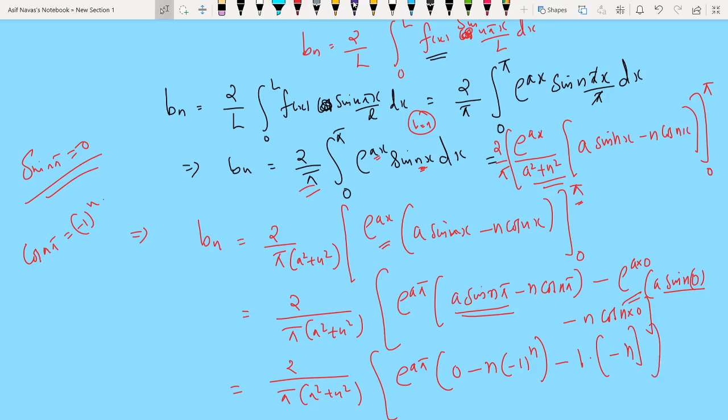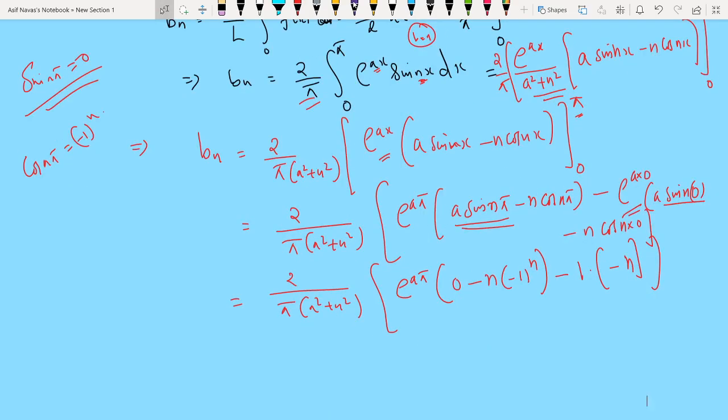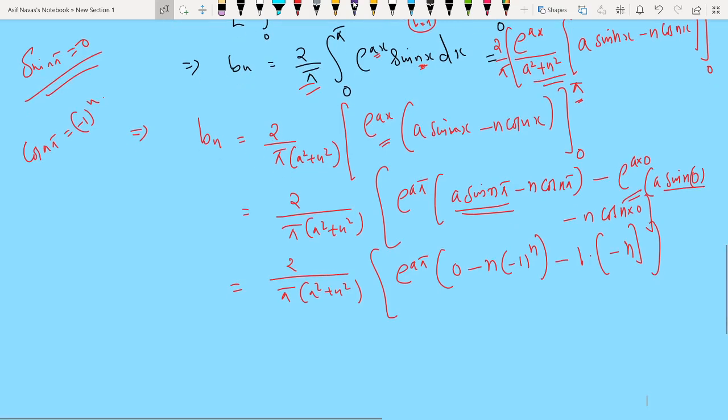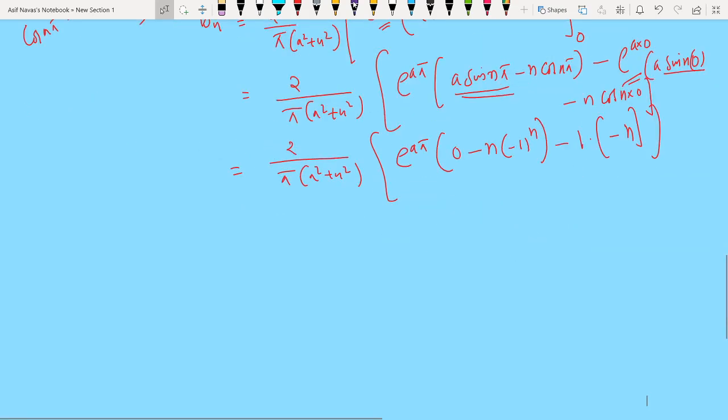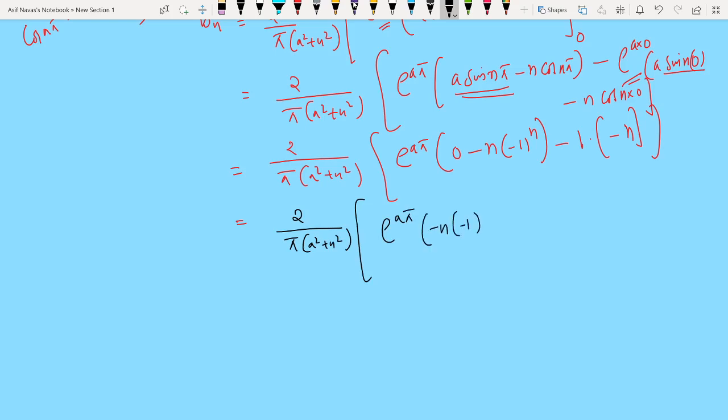So bn equals 2 by pi a square plus n square, times e raised to a pi times minus n minus 1 power n, plus n. So this is bn.